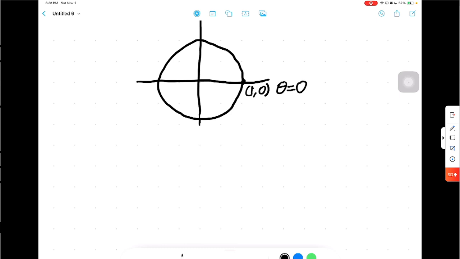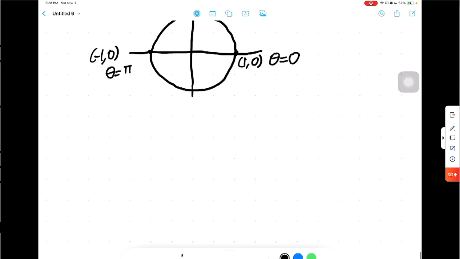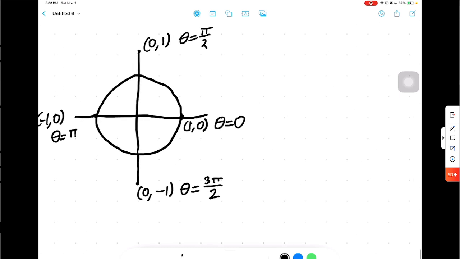This is when your theta is equal to 0. Then you have 0, 1. This is theta equal to pi over 2. Negative 1, 0, theta equal to pi. And then here we have 0, negative 1. This is theta equal to 3 pi over 2. Every 2 pi, this goes through one revolution, so you're going to get the same angles.